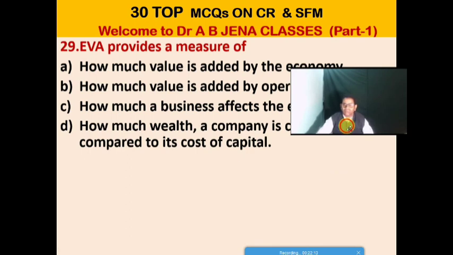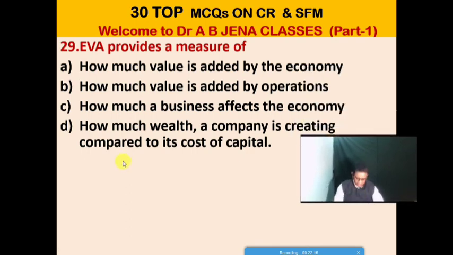So next one MCQ. EVA, economic value added. EVA provides a measure of what? A, how much value is added by the company; B, how much value is added by operation; C, how much a business affects the economy; D, how much wealth a company is creating compared to its cost of capital.